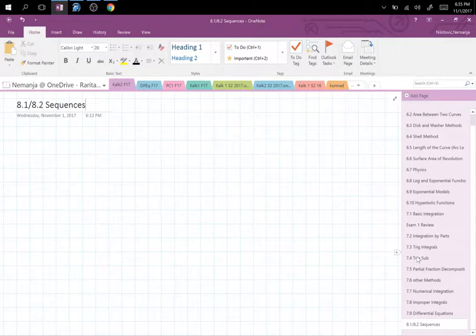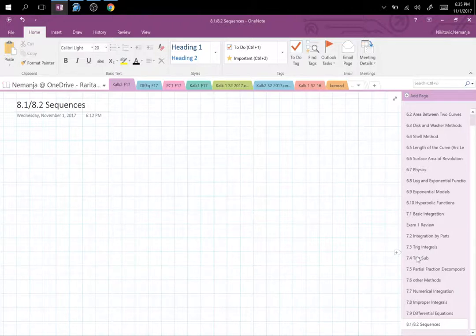I am going to combine sections 8.1 and 8.2 into a single lecture because they both have sequences as a topic. And whatever part of the series is in there, I'm going to kick that out and add it to 8.3.